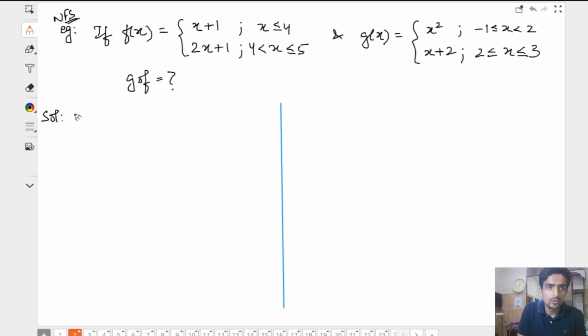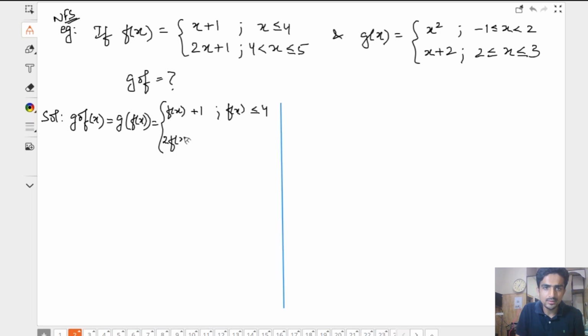Okay. So g of f at x primarily means the value of g at f(x). So it becomes f(x) plus 1 when f(x) is less than or equal to 4, and 2f(x) plus 1. Oh, sorry, I put it in the wrong place.